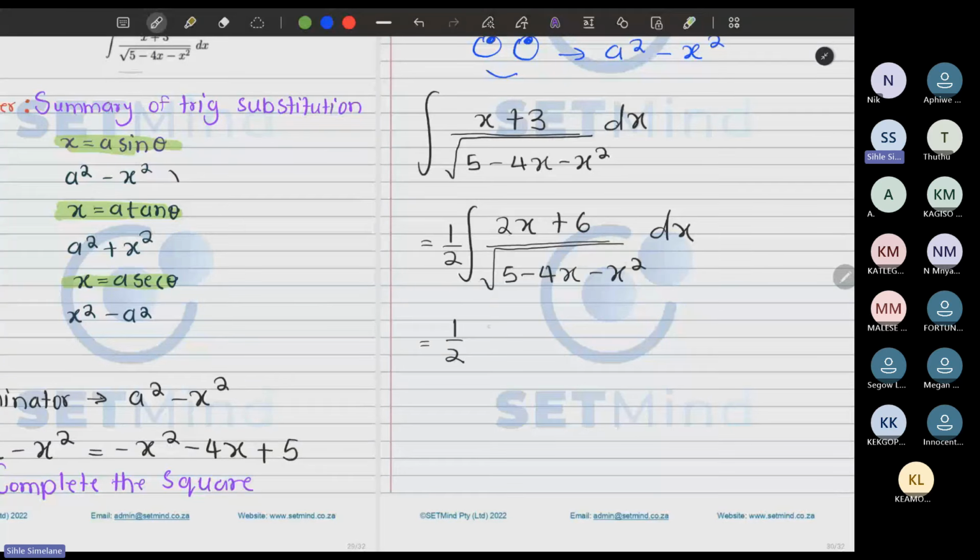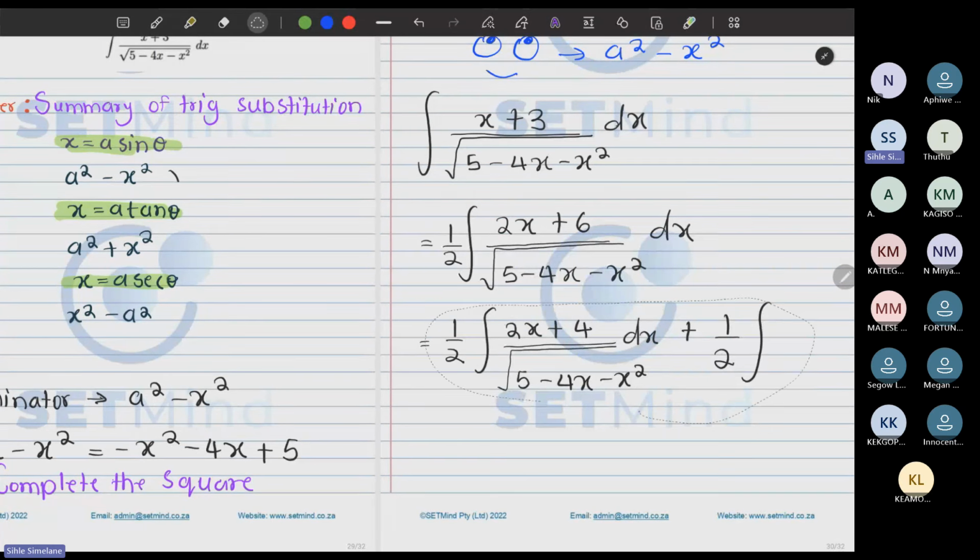I can have my 1 over 2 integral of 2x plus 4, divided by the square root of 5 minus 4x minus x squared dx, and then I can deal with the other part, which is half of the integral of 2.